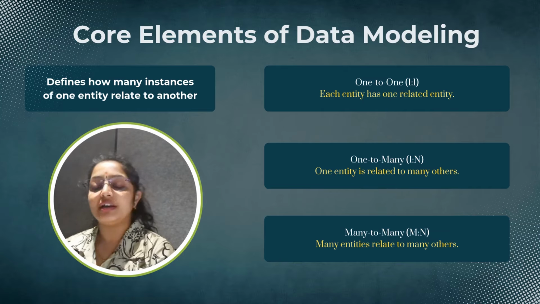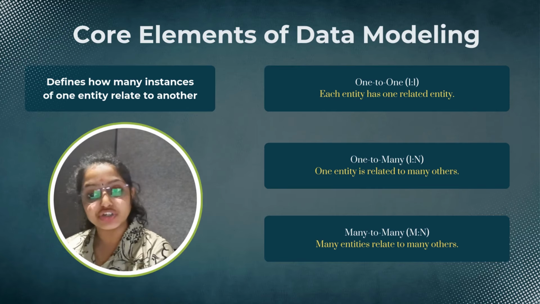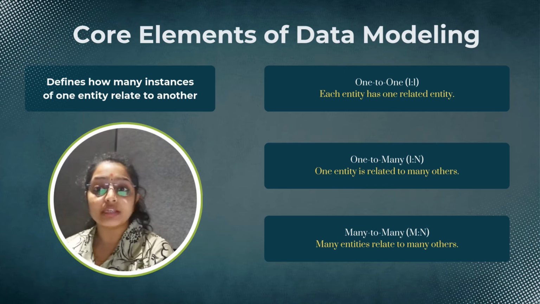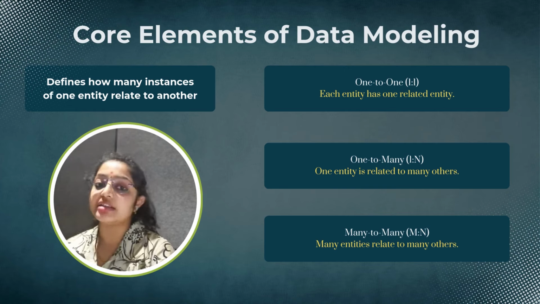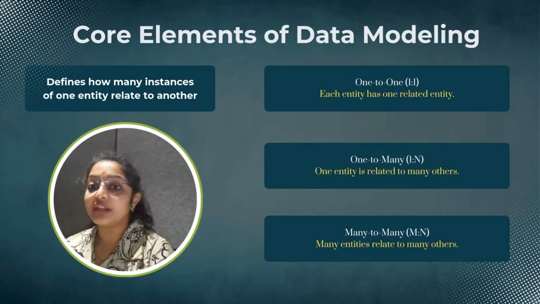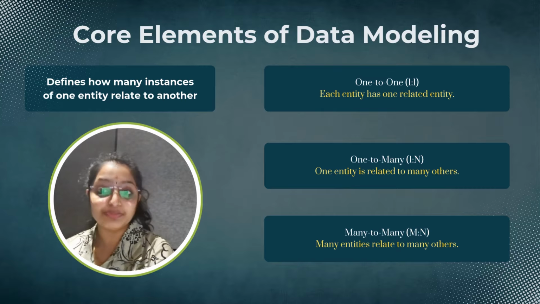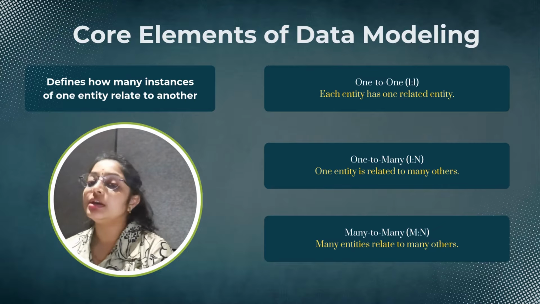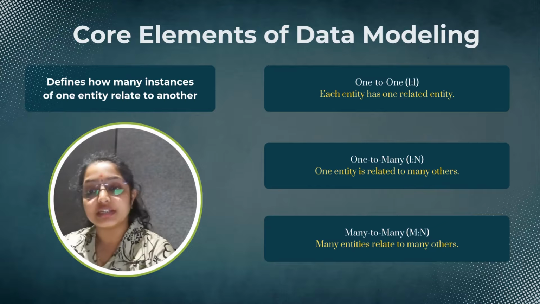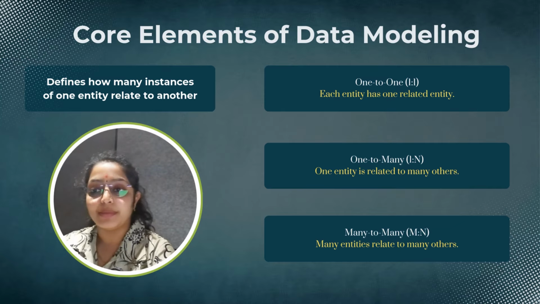This is how a many to many relationship is defined. And usually we make a concept here called a bridge or a junction table. Usually we create this table to resolve this many to many relationship. Don't worry about what a bridge or junction table is, I'll be discussing them in the upcoming slides.